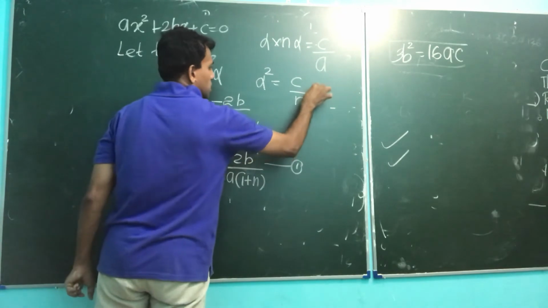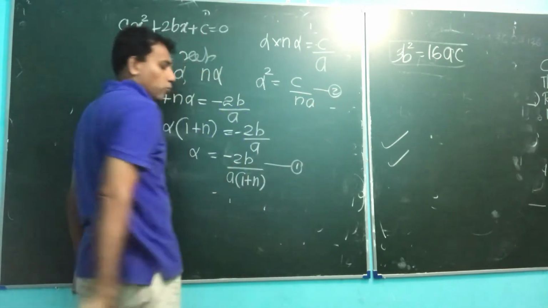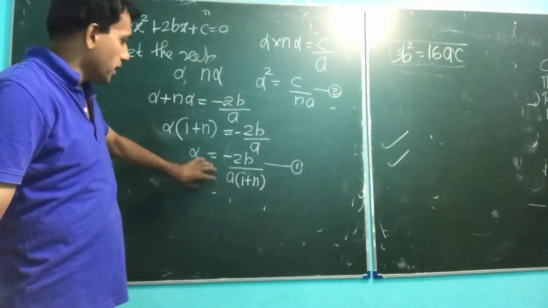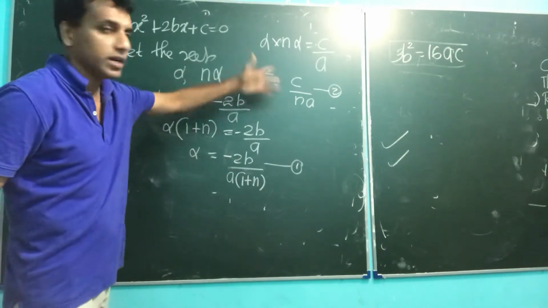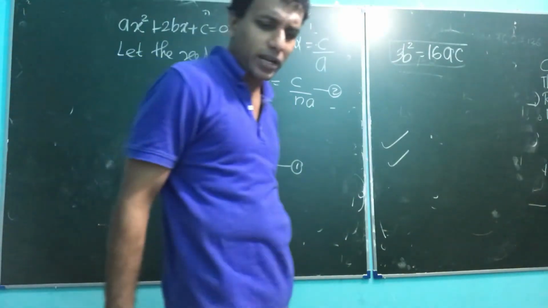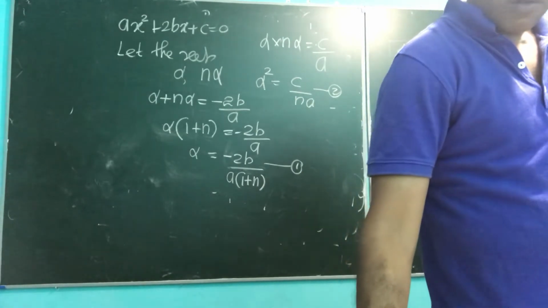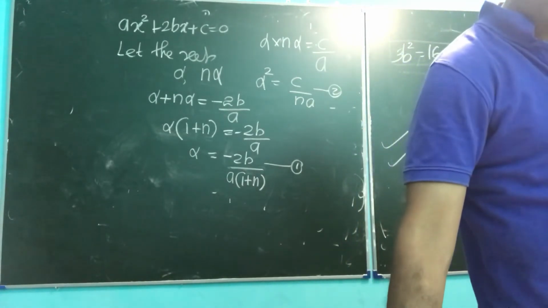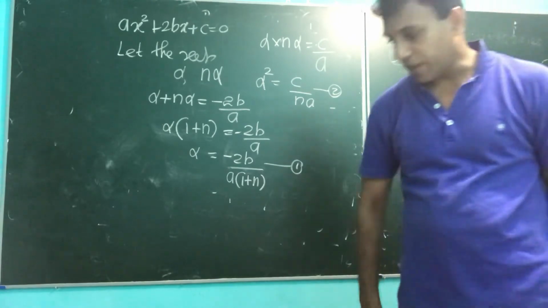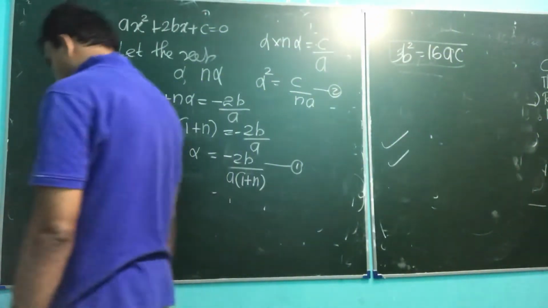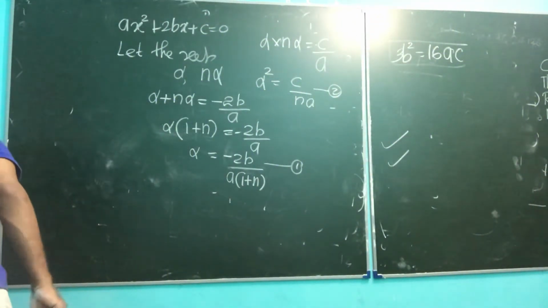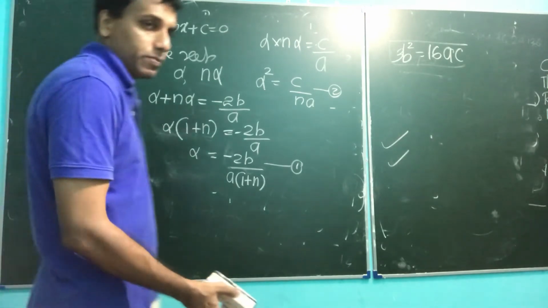Okay? Now connect both. Remove the alpha. Substitute. Write this alpha here. Put the alpha here. Then get an expression, right? That's the case, meaning of this answer. One root n times the other. Then find the value, show that expression in terms of a, b, c. Relation between a, b, c.